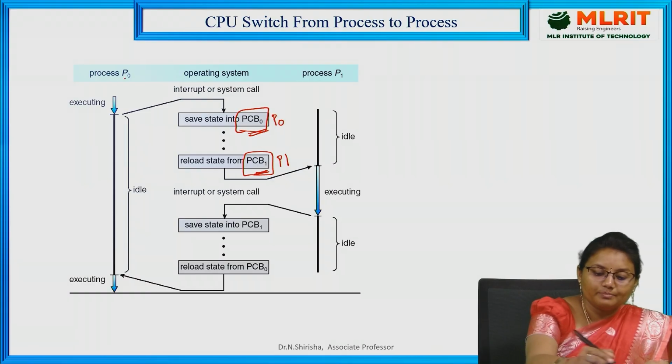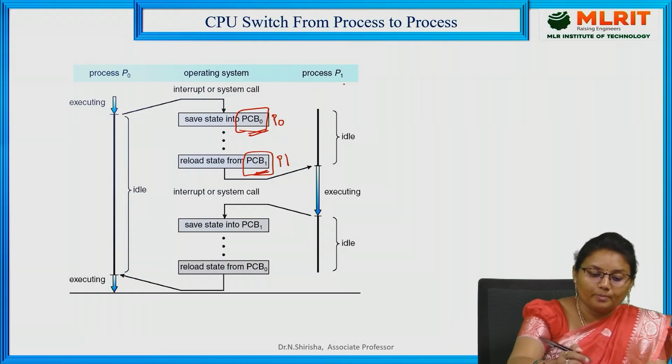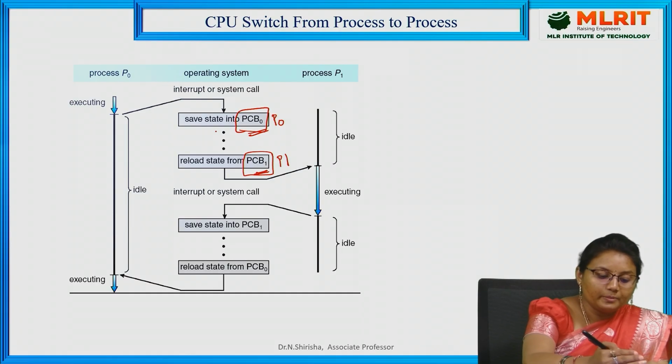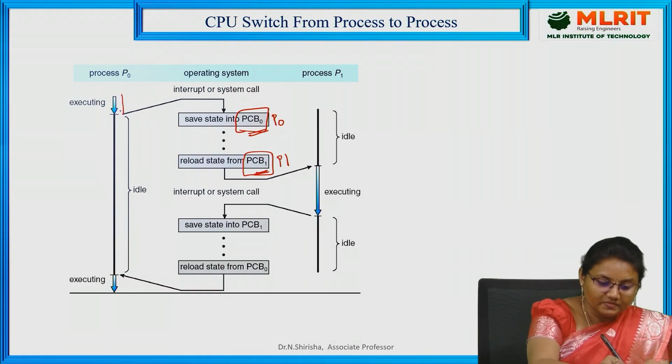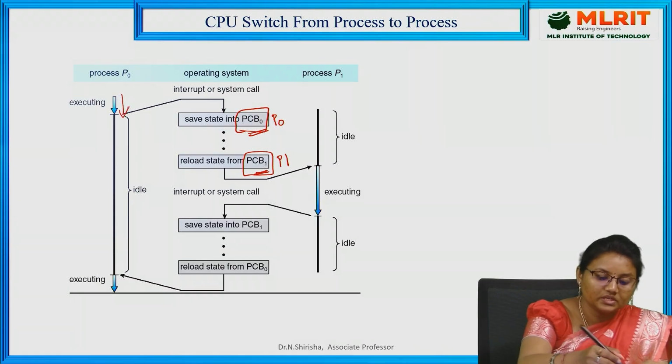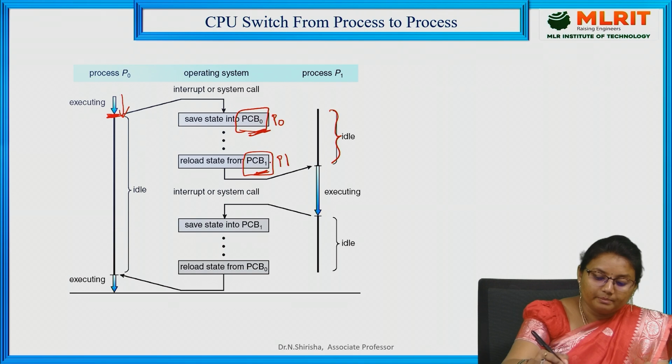You have the P0 and P1 processes and the operating system. When P0 is executing, after a particular time period, it saves the state into PCB0. And here the process P1 is idle, and the operating system reloads the state from PCB1.